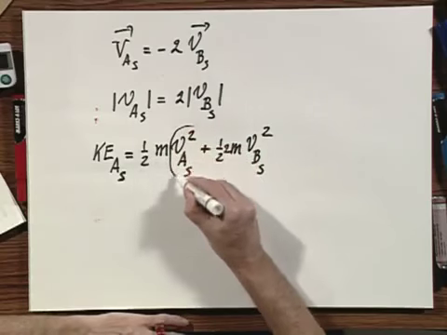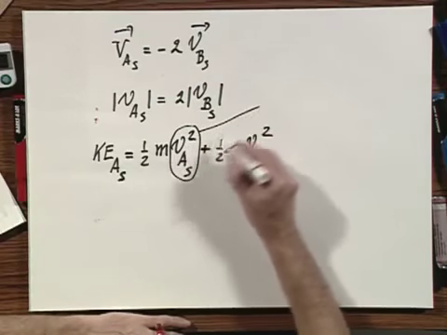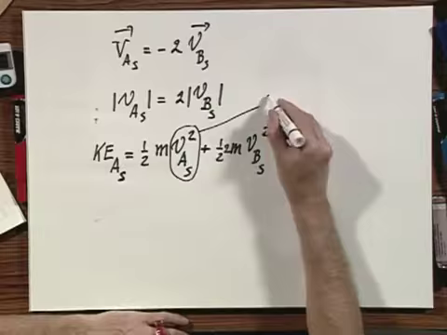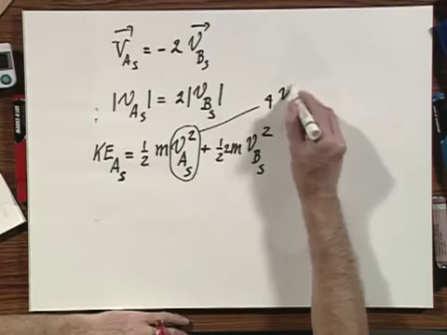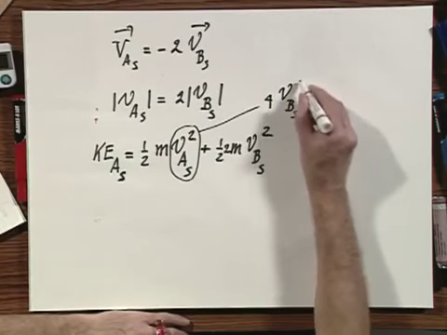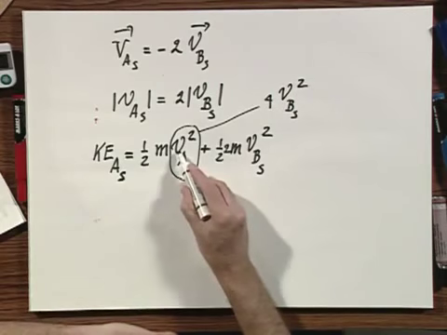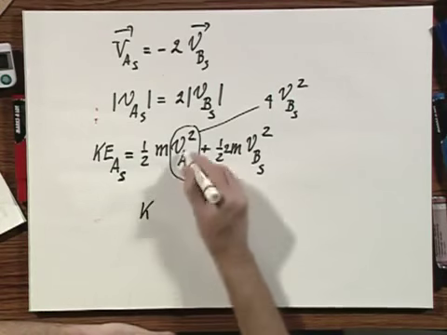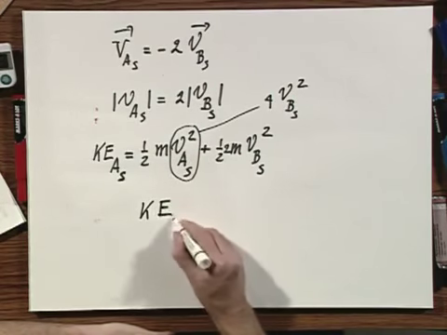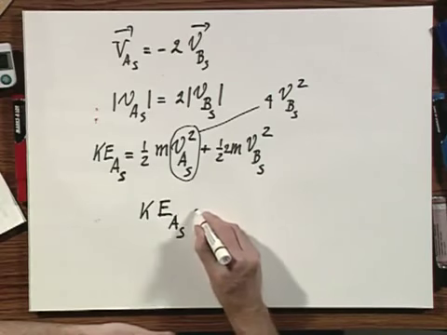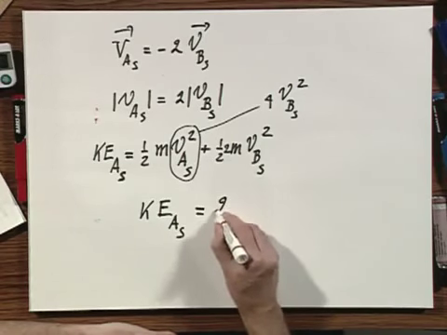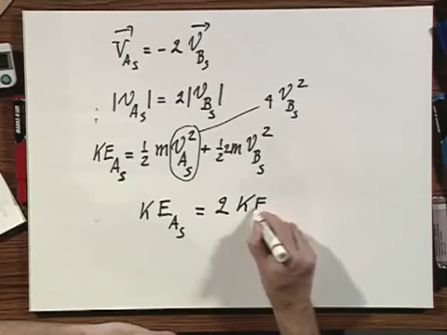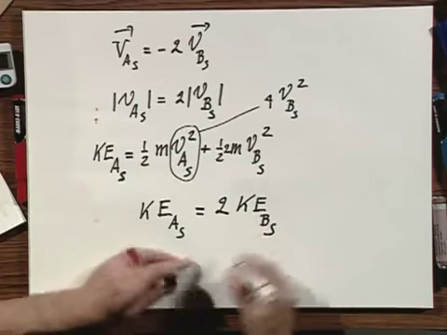But since VA is twice VB, this is 4 times VB squared. So I can put a 4 here, so I can conclude now that the kinetic energy of A at any moment in time is always twice the kinetic energy of B.